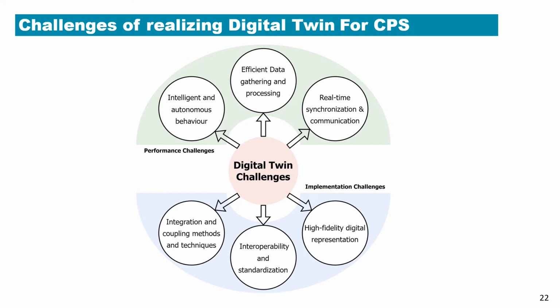While in the implementation challenges, we have integration and coupling methods and techniques issues, interoperability and standardization problems, and the challenge of achieving high fidelity digital representation. All those challenges represent a roadblock to achieving a digital twin for a cyber physical system.